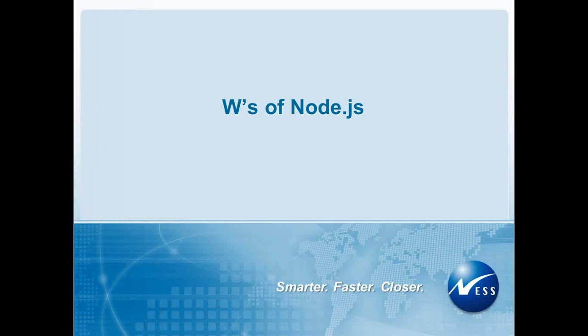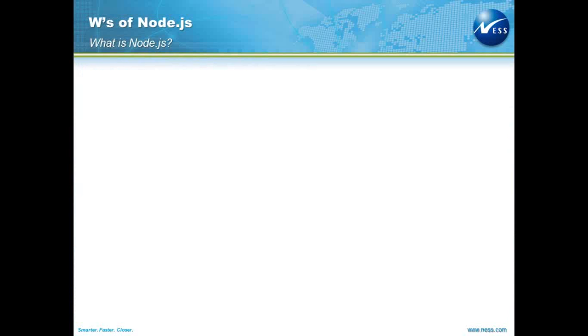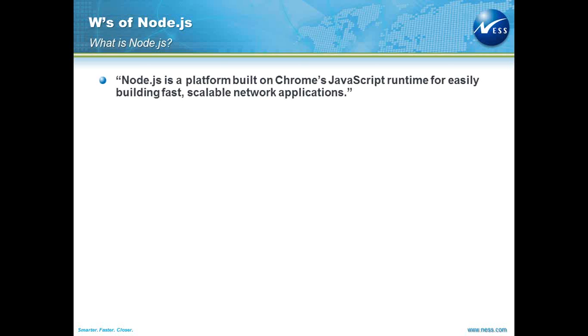So let's look at the W's of Node.js. What is Node.js? Node.js is a JavaScript platform which uses the capability of the V8 runtime. Node.js has a very fast event loop model.